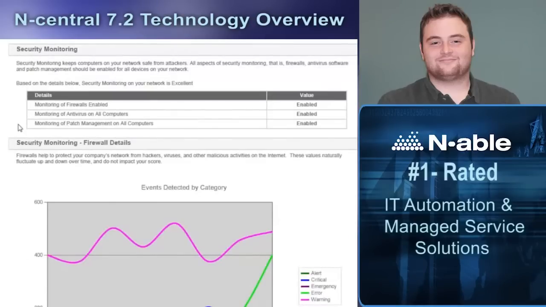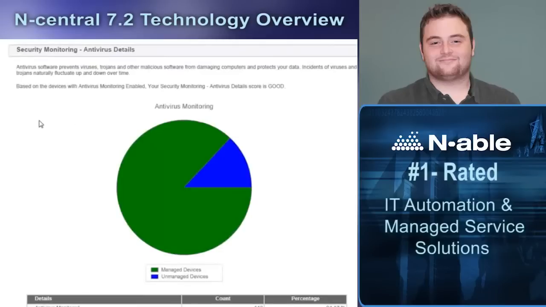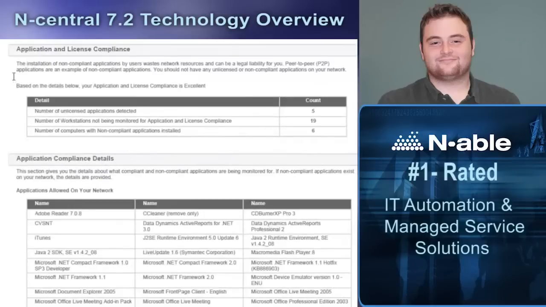Also here I have firewall details, critical errors, warnings, etc. I have antivirus details, who's got AV, who's missing AV, who's got patches, who's missing patches, and even application and license compliance. Application compliance means what software is installed that I didn't want to be installed. So I can create allowed and disallowed lists in N-central so that when someone installs a piece of software that they weren't supposed to, it gets included as part of this report, and also an application compliance report built right in.